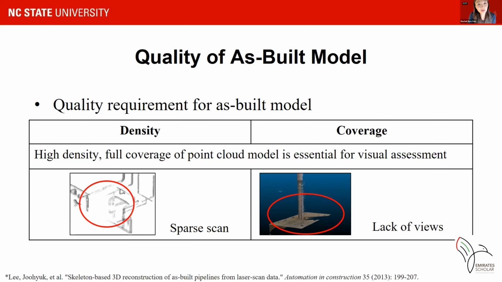Without full coverage, it cannot finish the visual inspection of the other side, and sparse visual data cannot identify correctly whether there are defects or not. One of the factors we need to consider is that not much time is assigned for data collection, so we need an efficient and optimized operation for data acquisition.